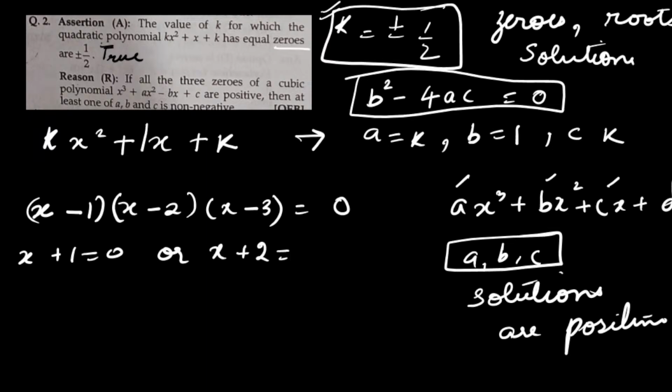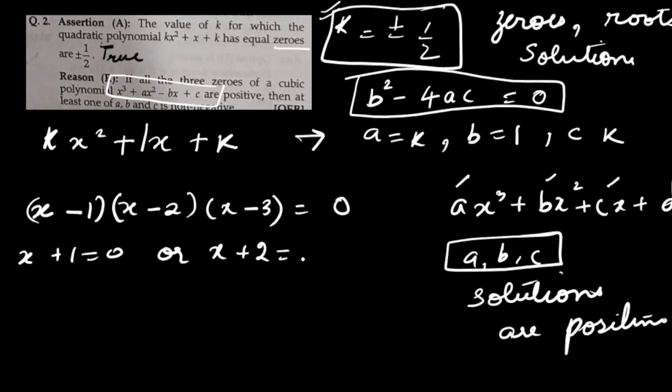If all the zeros of the cubic polynomial are positive, then at least one of a, b, c is non-negative. See here, if zeros are positive, they have mentioned at least one is non-negative. But you have to remember, all should be non-negative, only then all should be positive only.